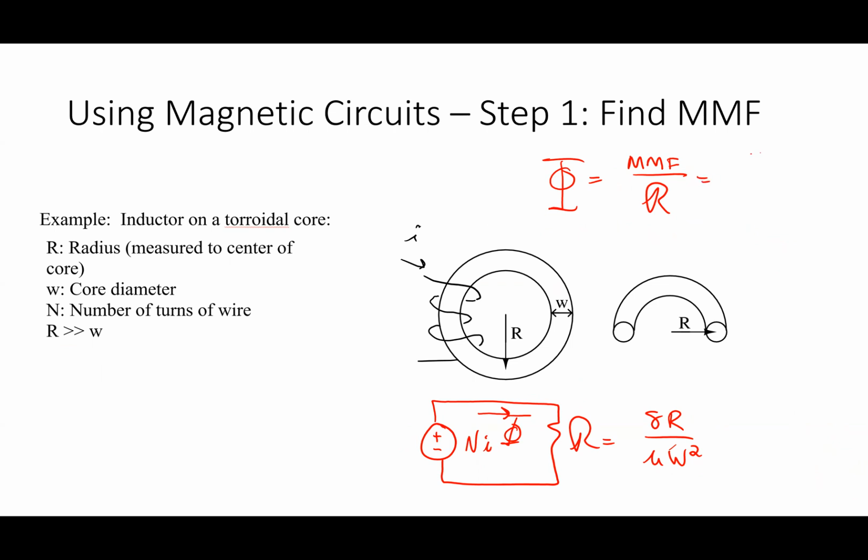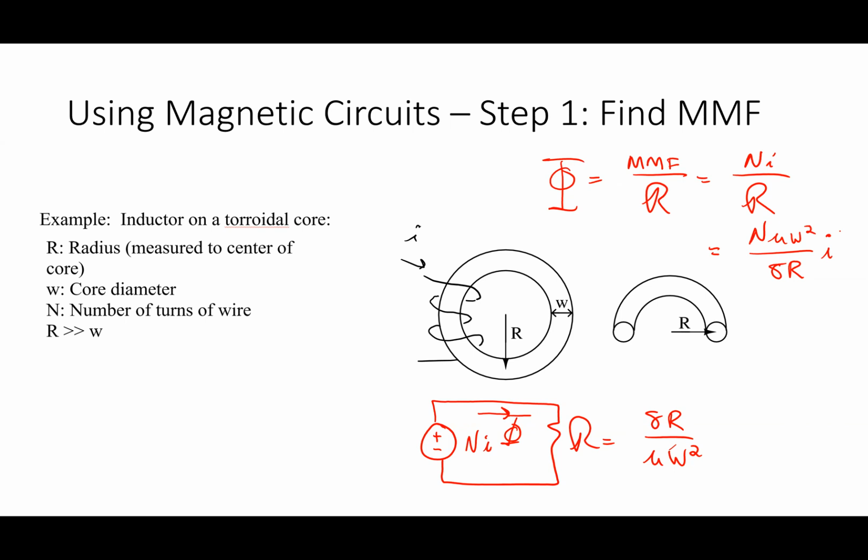So that's basically Ni divided by the reluctance, which would end up being N mu W squared over 8R times I, right? So if I wanted to figure out the inductance, what do I need to do now? Get the flux linkage. So how do I get the flux linkage?